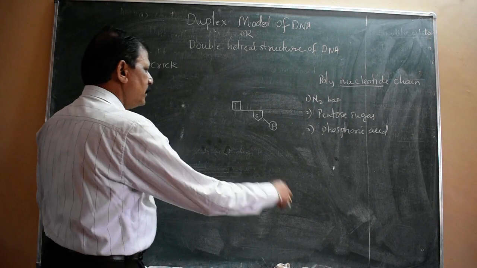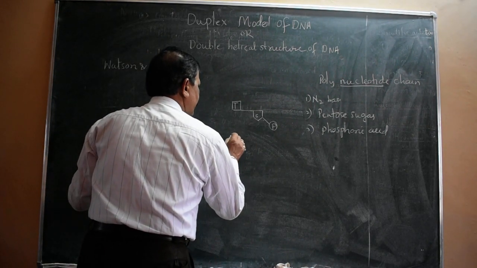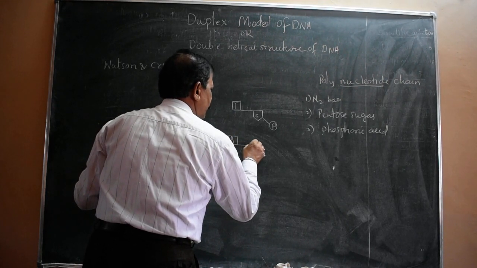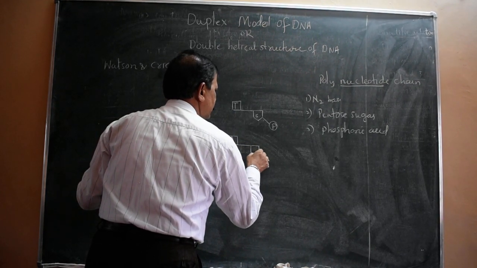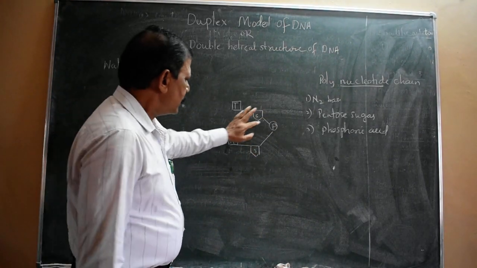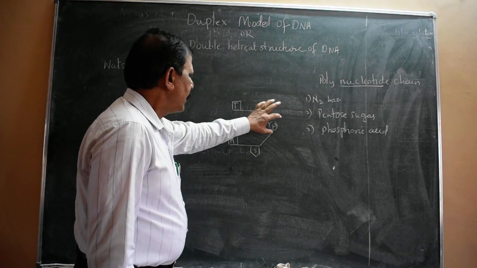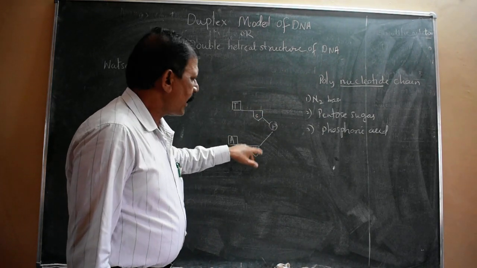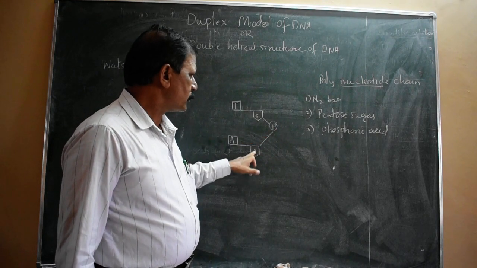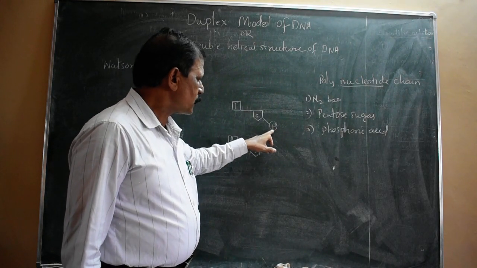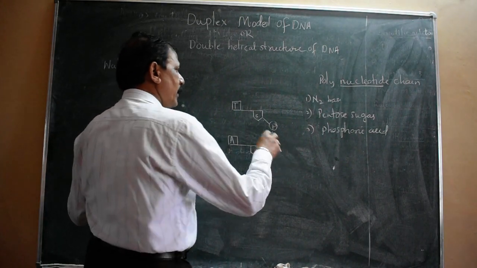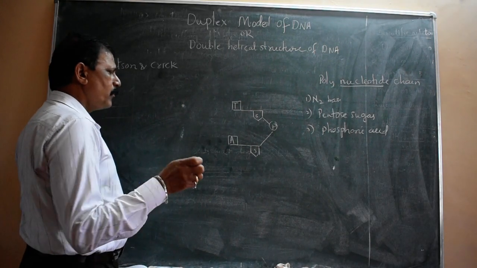For example, here it is A, the pentose sugar and the phosphate, so it is linked. This is also a nucleotide and this is also a nucleotide, linked with the phosphodiester bond between sugar and sugar. Each phosphate molecule has two sugar phosphodiester bonds, thereby forming many nucleotides.